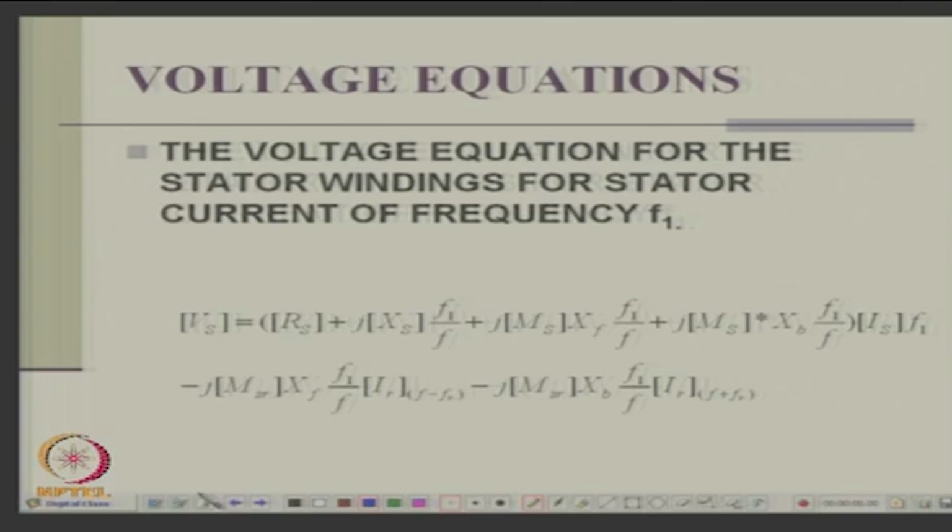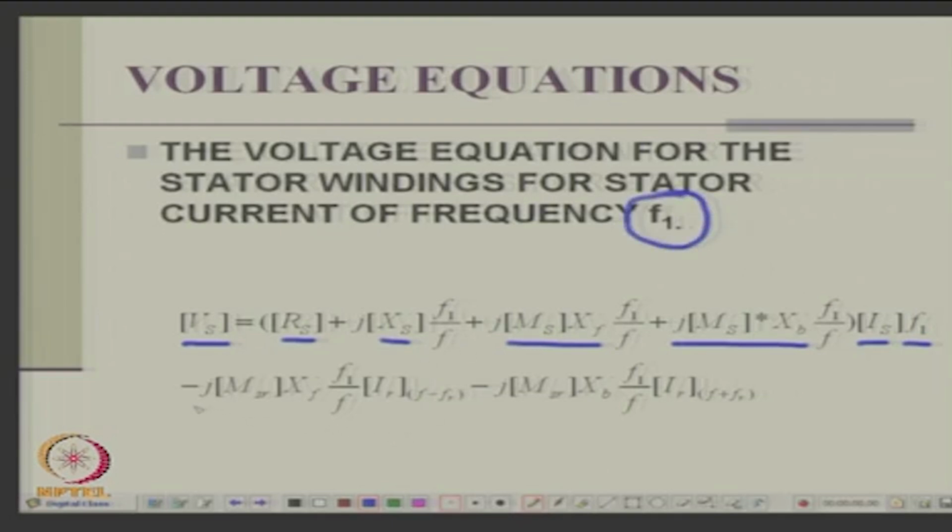So, you can always say my stator voltage equation Vs equals Rs plus jXs, which will have a reactance matrix, the forward field Xf, and you can write the backward field too. Fortunately, just take the conjugate of this, and that will be the backward field, due to frequency F1. This is the voltage equation at frequency F1.